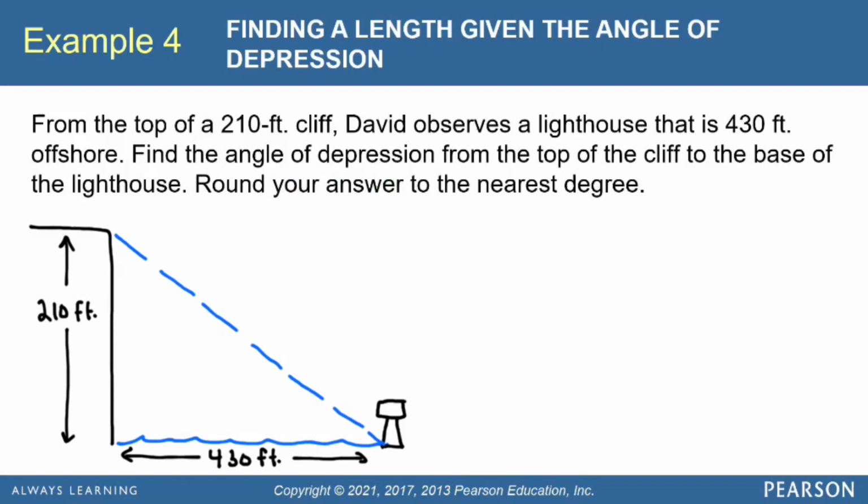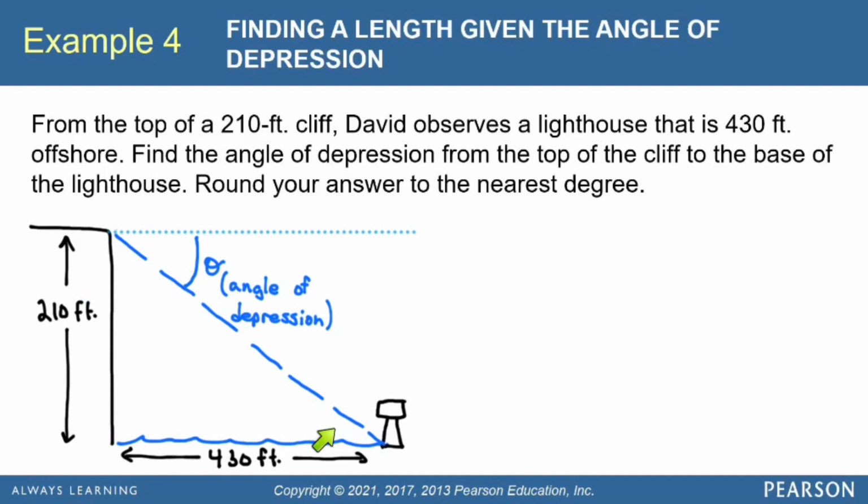Now a common mistake here is that students will sometimes think the angle of depression goes right here, but of course it does not. Remember, the angle of depression is measured from the horizontal, so we need another little imaginary line here, and the angle of depression will be between this horizontal line and the imaginary line between the lighthouse and the cliff. So right here is your angle of depression.